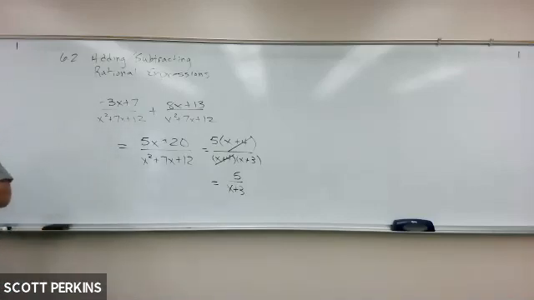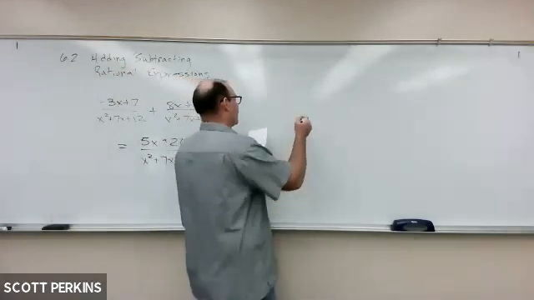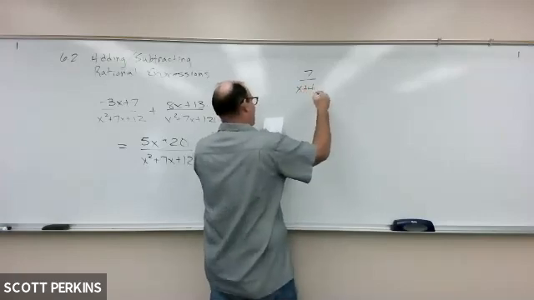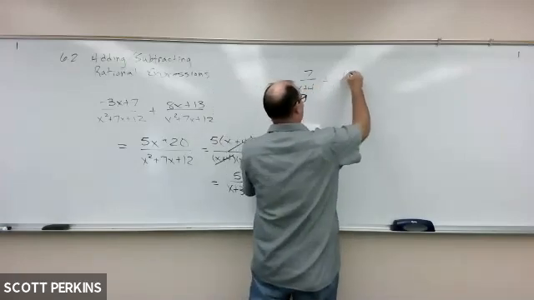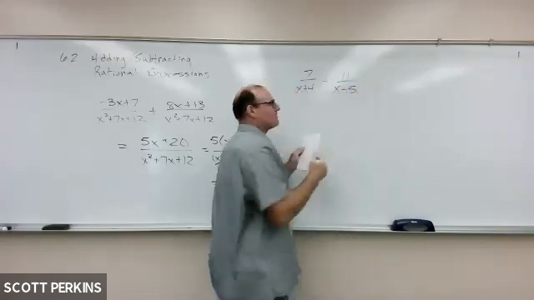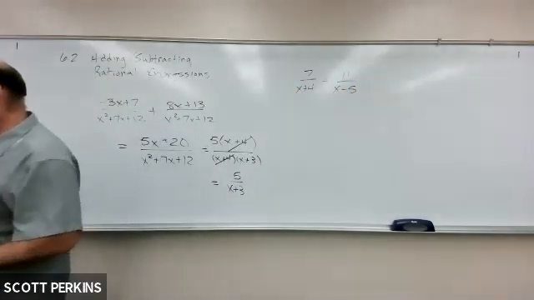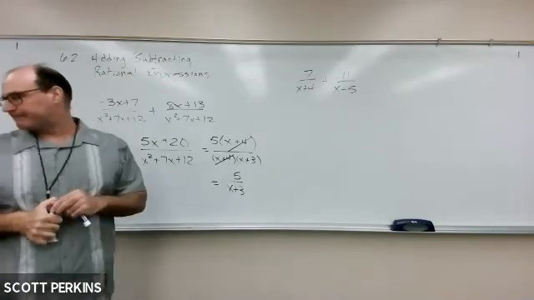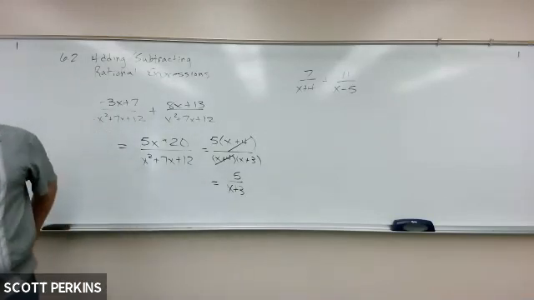So now that takes us into our present moment, where we are going to do this problem. So I've got 7 over x plus 4, and I want to add to that 11 over x minus 5. Okay, so I've got two fractions, but now the denominators are different.